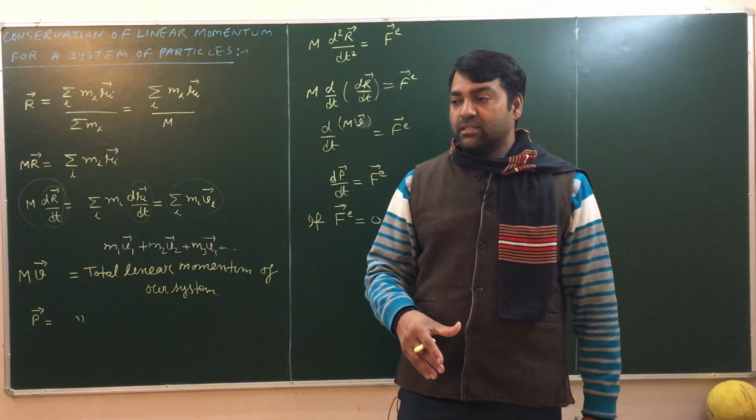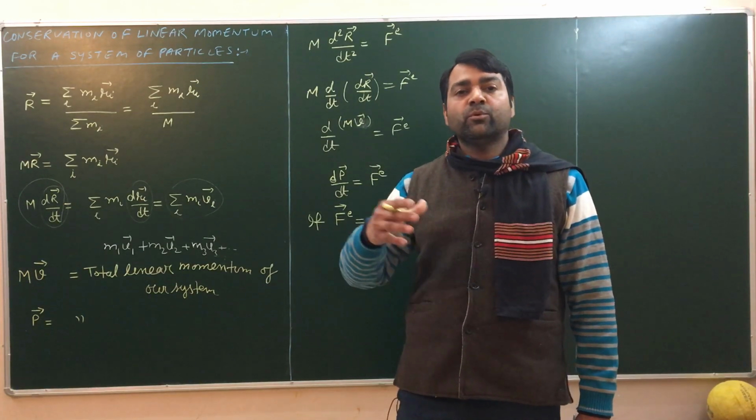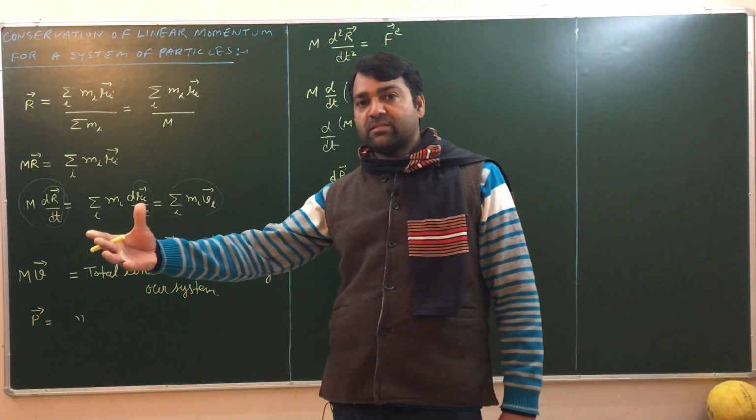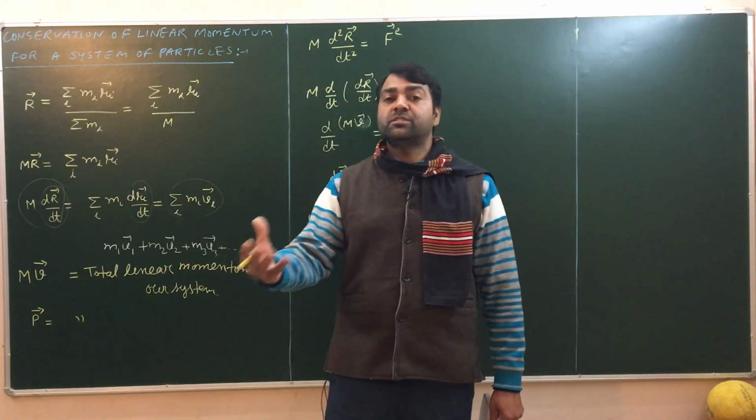And the second is, if we have a system of particles which is being acted upon by 3 external forces, but the vector sum of all these 3 forces is 0.